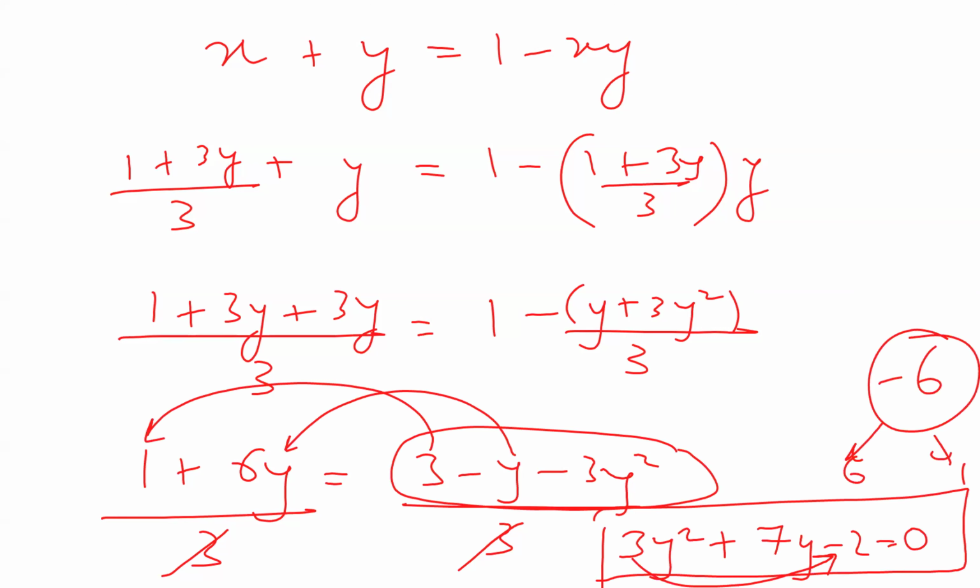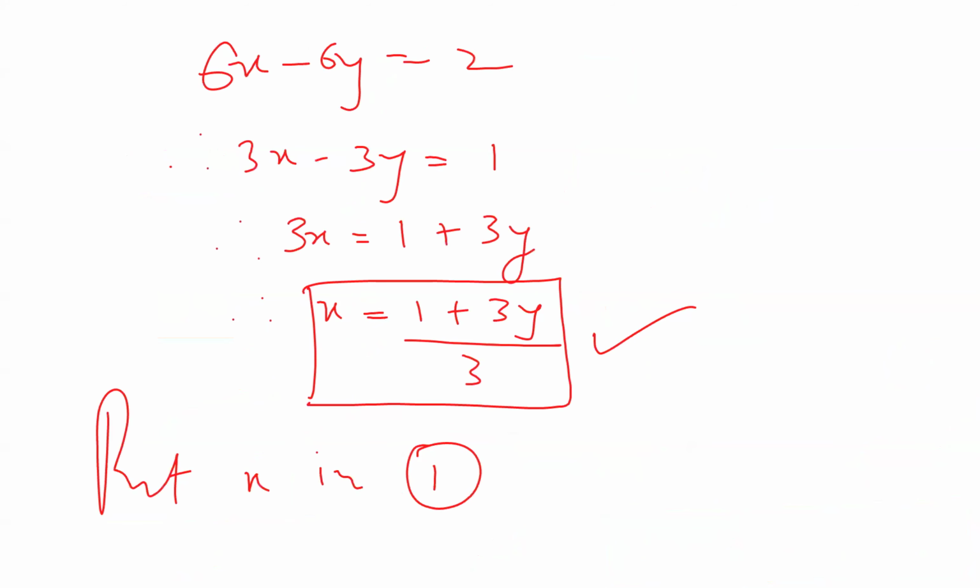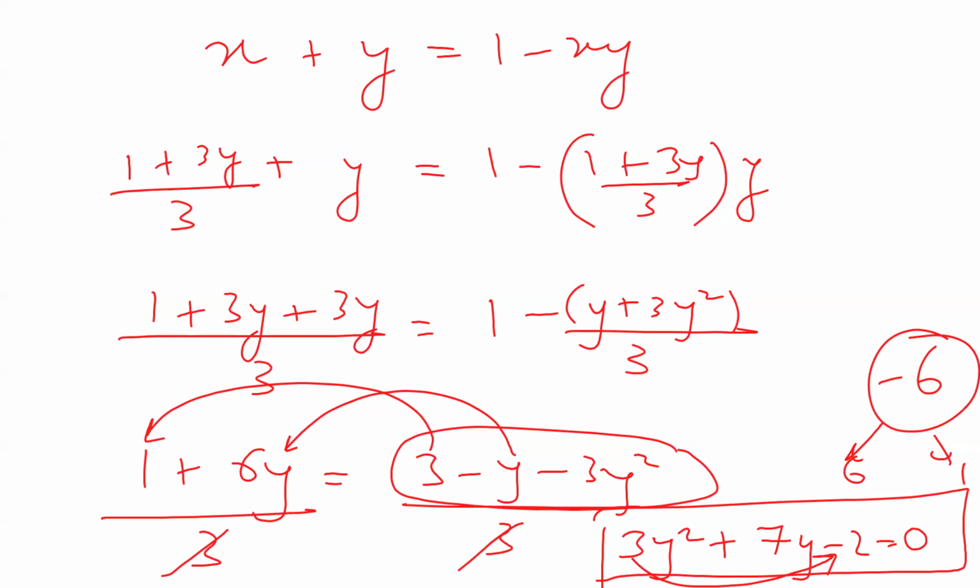Okay, I think something has gone wrong. Just a second. Let me just cross verify. 1 plus 3y upon 3 and 1 minus 1 plus 3y upon 3. y plus 3y square upon 3.